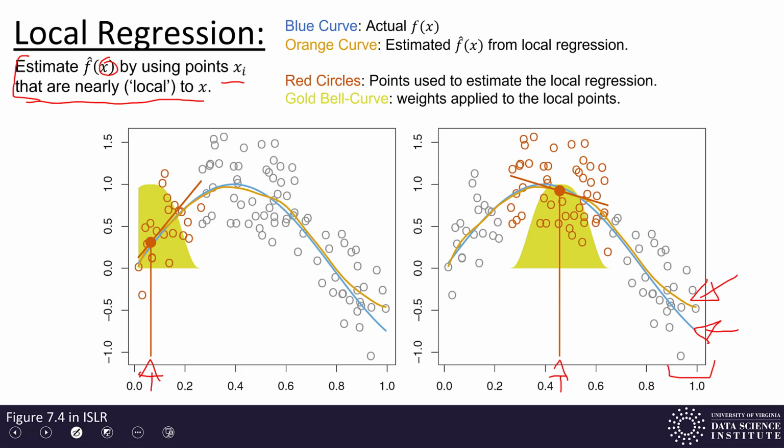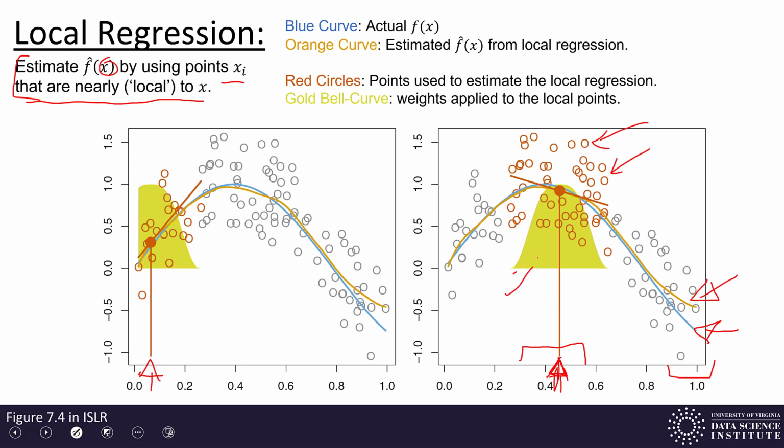Let's look around this input x that's like 0.42 or so. What's going on here? We have these red circles. Those are the data points that are going to be used in estimating the regression value for x equals 0.42. There's some interval around 0.42, and we're going to take every x value in that interval, and the data points for all those x values. So it's 0.42, maybe plus or minus 0.05 or so. The data points that are going to be used for regression are shown in those red circles.